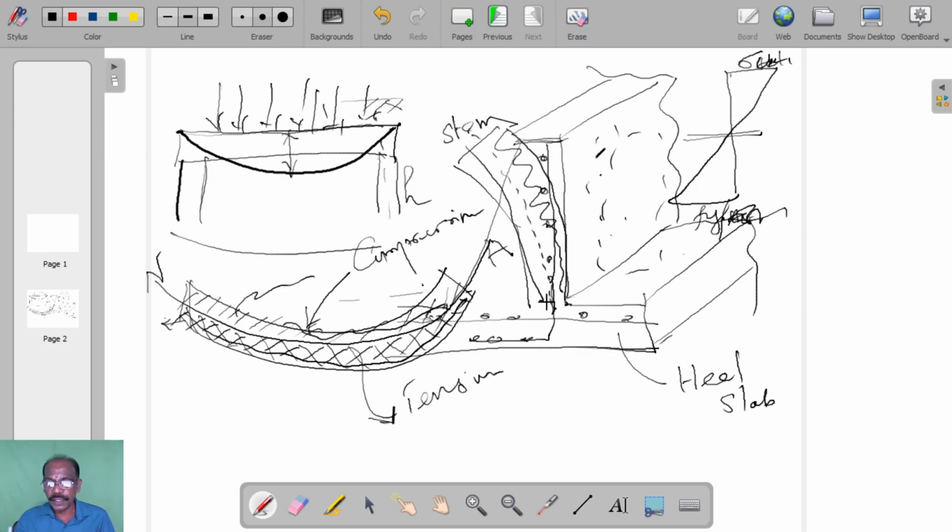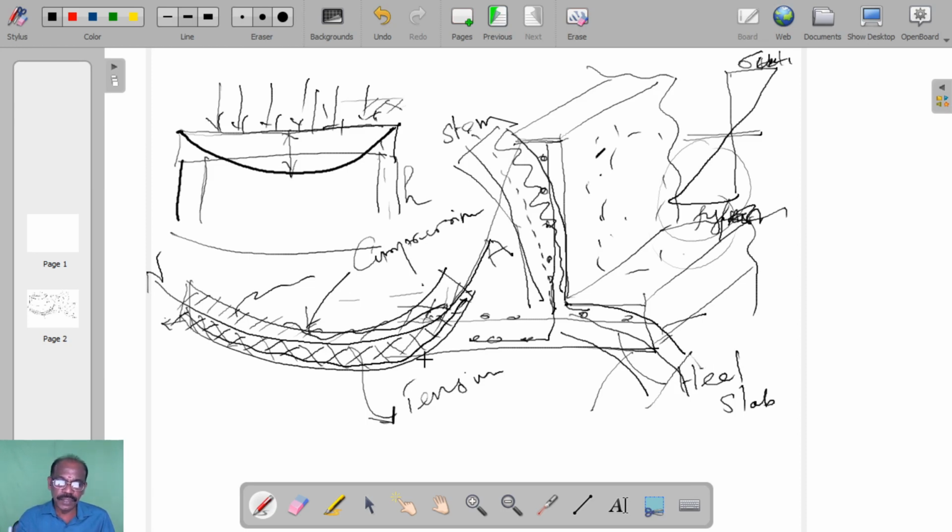Here now the earth is here, and therefore this portion will be bent like this, and the top portion is usually subjected to tensile force and the bottom portion will be subjected to compressive force. Therefore, we have to provide the tension reinforcement in the top.